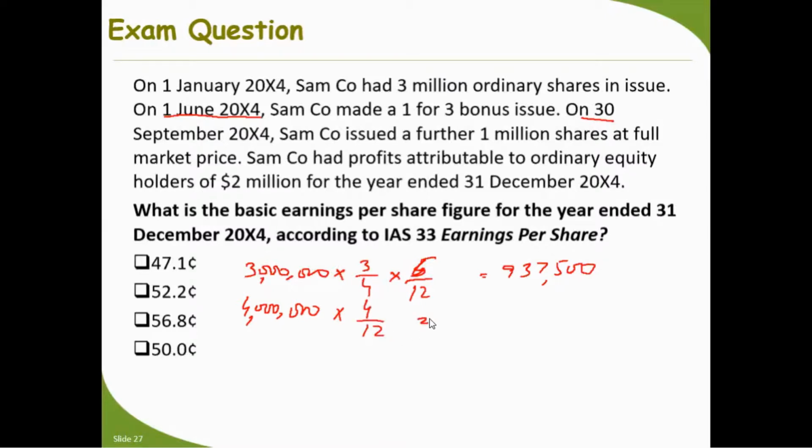So 4 million times 4 by 12 is equal to 1,333,333.